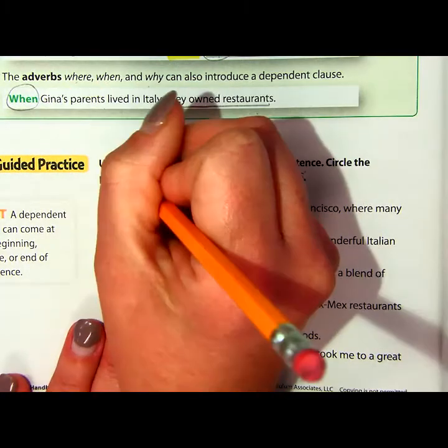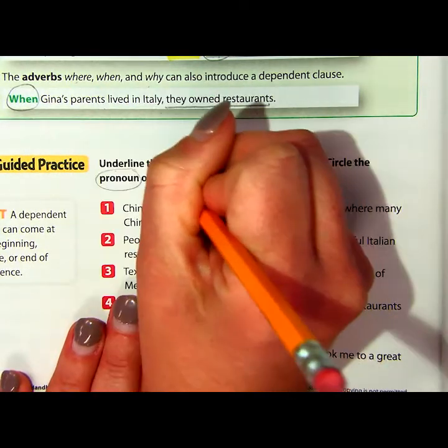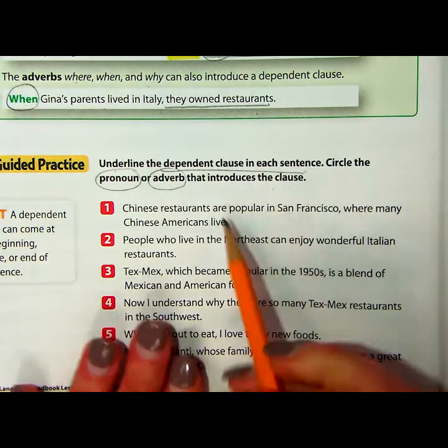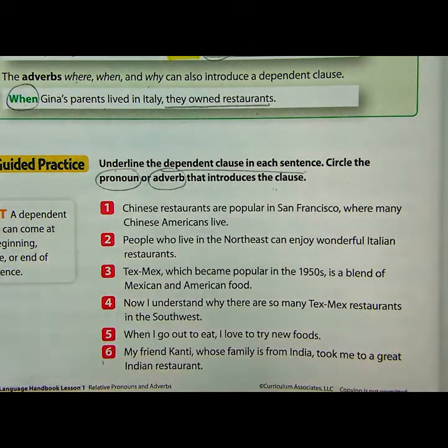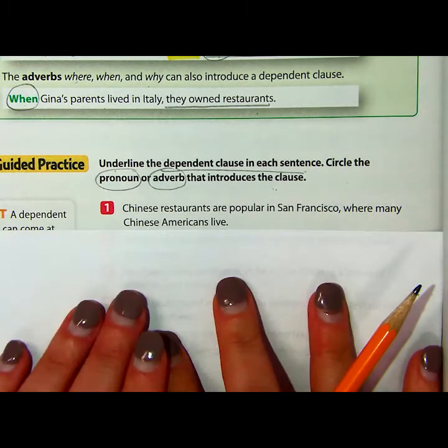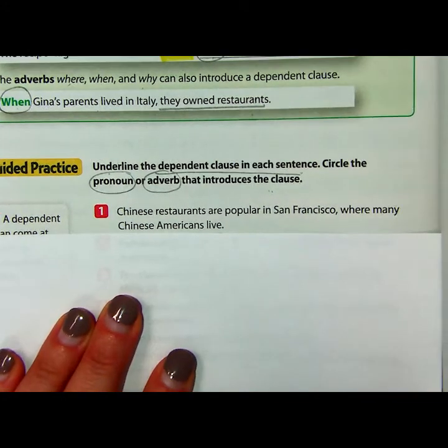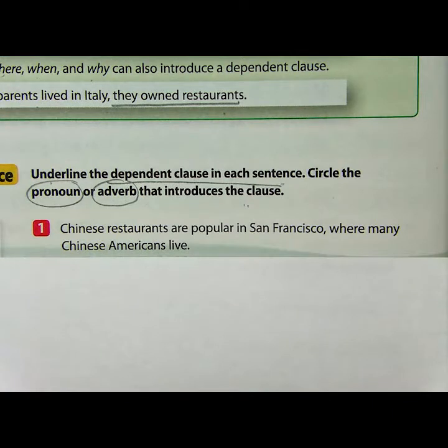So we have to circle the pronoun or the adverb that they're using to introduce the clause. So let's look first at example number 1. I'm going to read this to you and then give you a second to think. Chinese restaurants are popular in San Francisco, where many Chinese Americans live. Think first to yourself, what is the main clause?